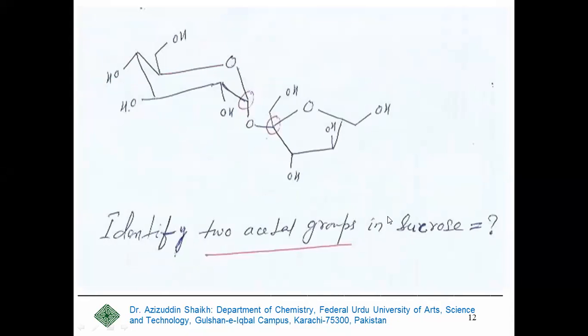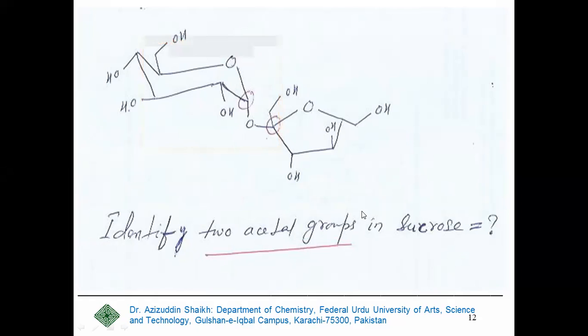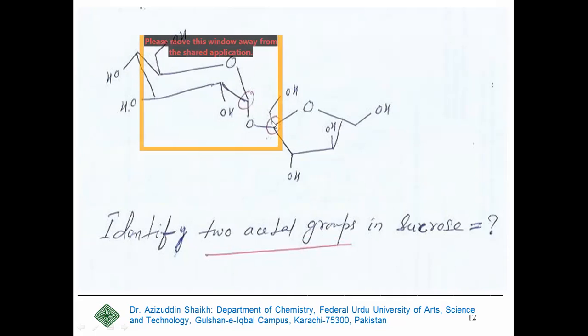This is the molecule of sucrose. How many acetals are here? There are two acetals. This one and this is second.